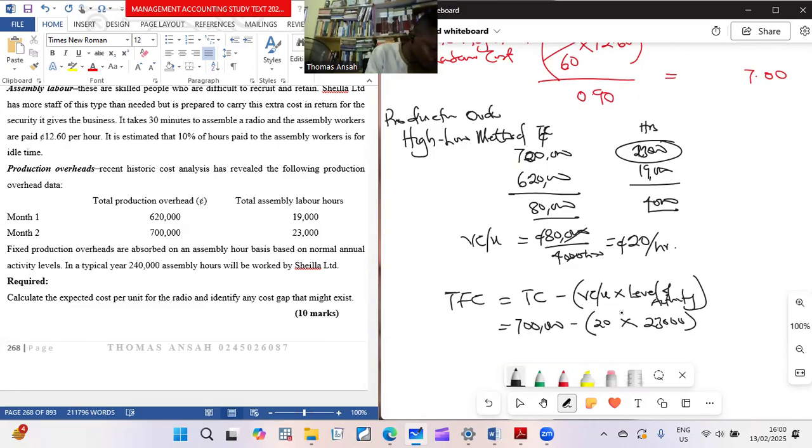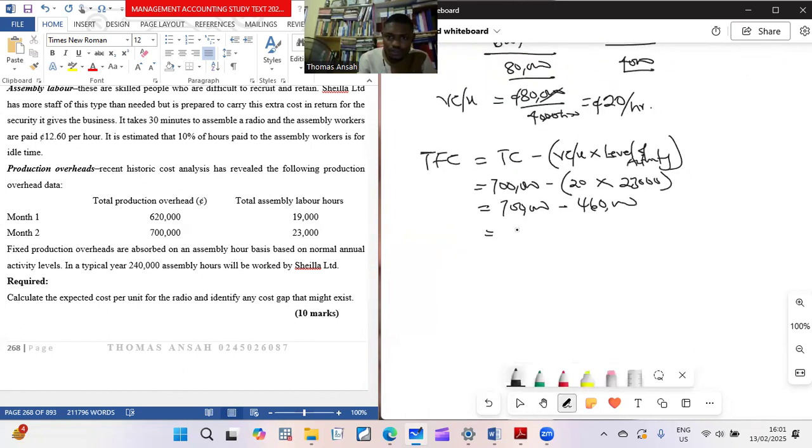So 23,000 hours multiplied by 20 gives me 460,000. So 700,000 minus 460,000 gives me 240,000.